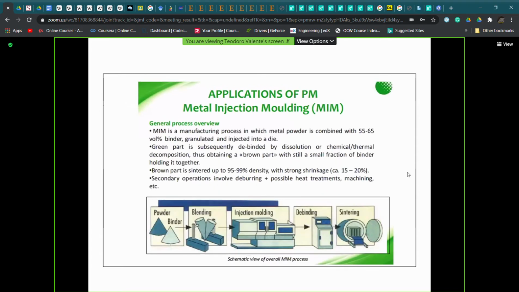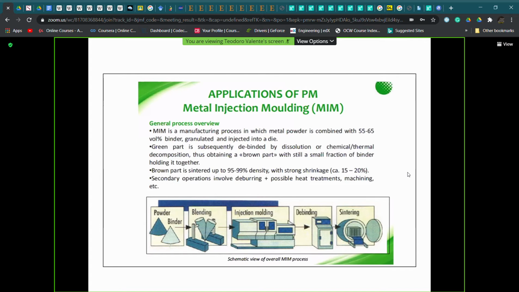Okay. And another application of powder metallurgy, which must be mentioned in order to complete our panorama together with the last topic that we will discuss in a few minutes, is the so-called MIM technology, which stands for metal injection molding.